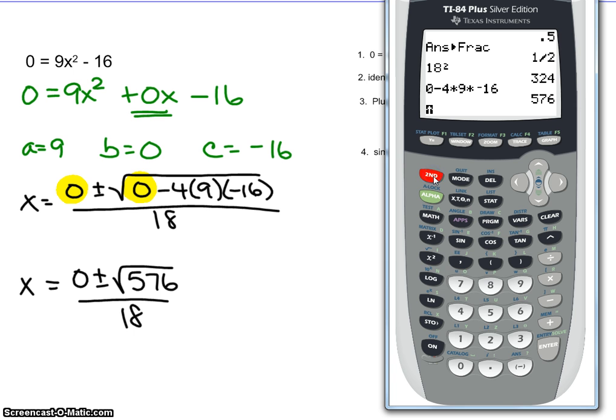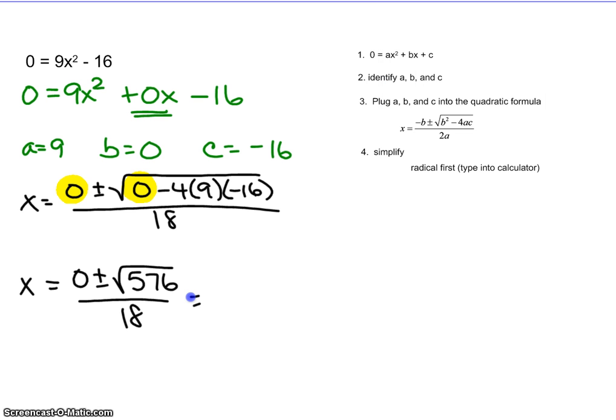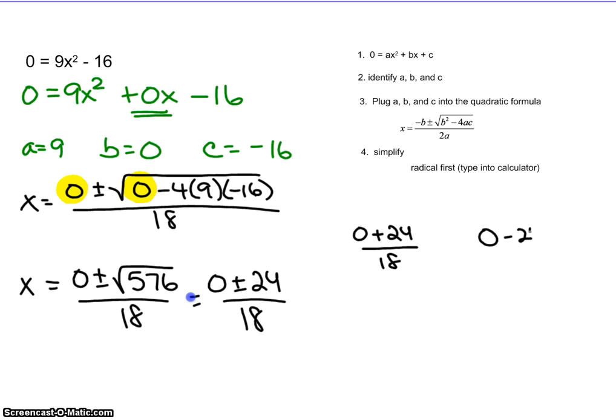And the square root then of 576 is 24. So when I break it into my two pieces here, I got 0 plus 24, and then I got 0 minus 24. 24 over 18, simplify that down to 4/3.